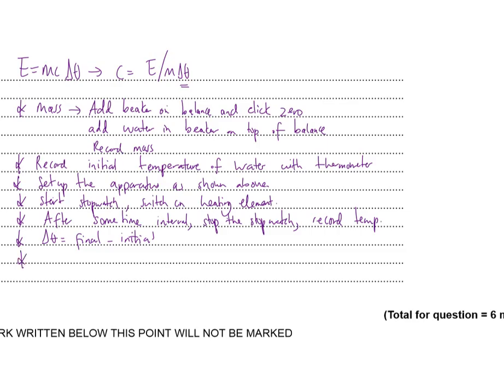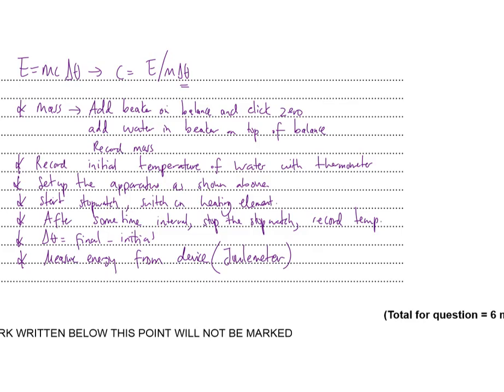Okay, so energy is measured from a device, and the device is called a joule meter. Now a joule meter is a device that's going to give us the reading straight away.